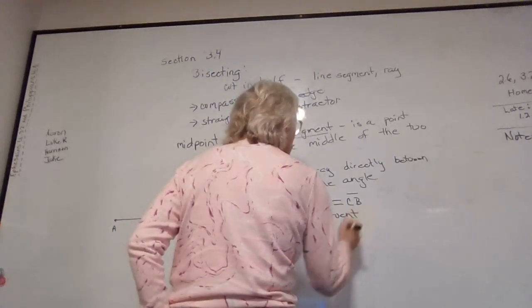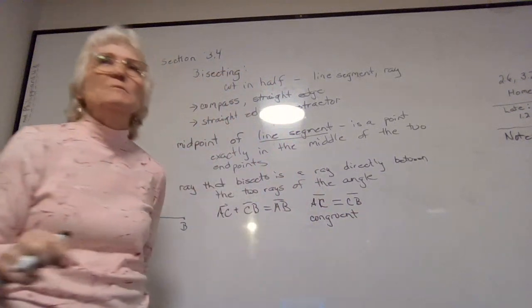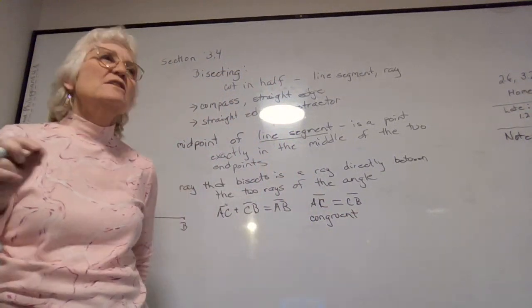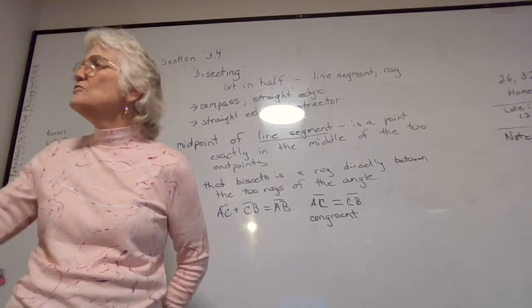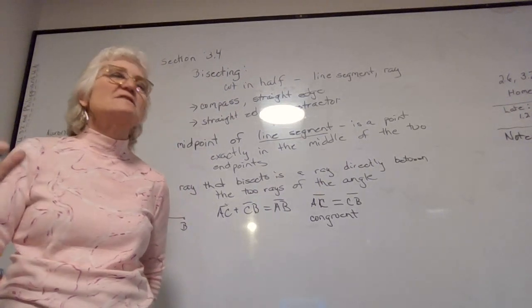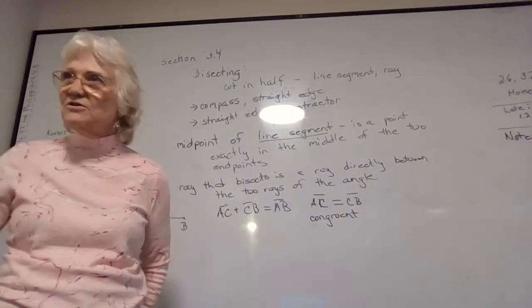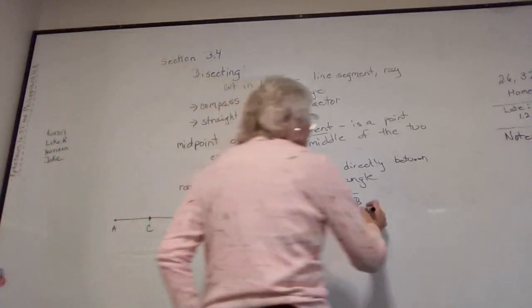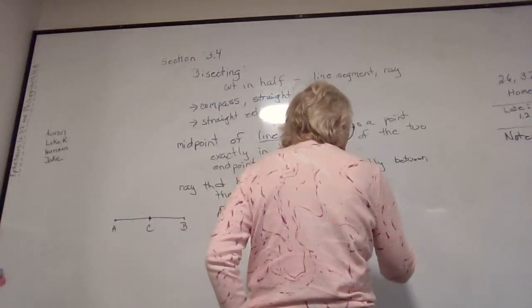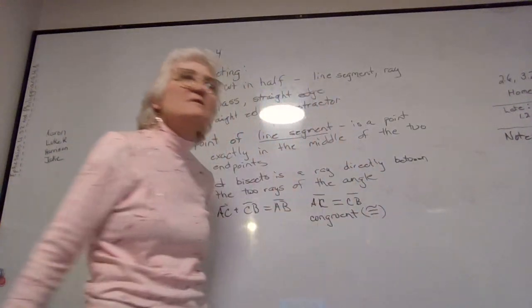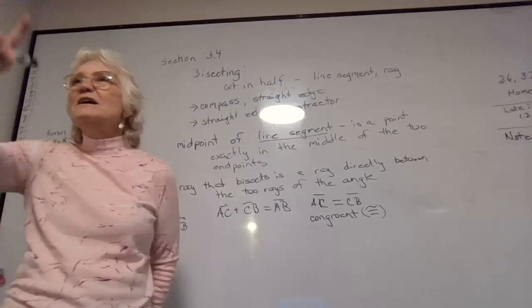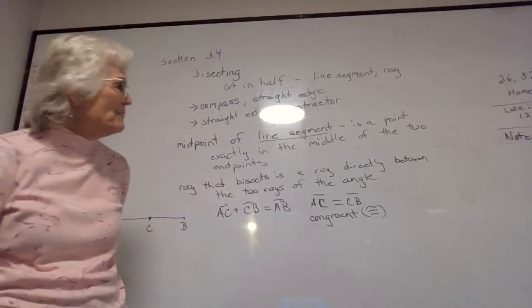Now, I shouldn't say they're exactly the same because that would be the same point. Congruent is actually when you have the exact same measure. Two different things have the same shape and measure. The sign for congruency is this: it's got an approximation or squiggly line and then an equals sign.